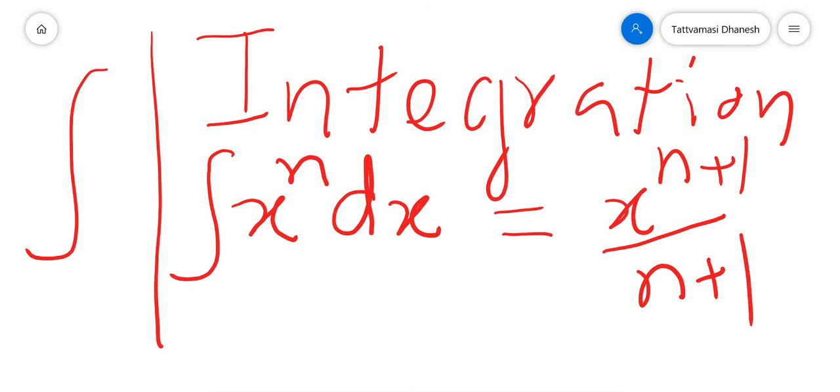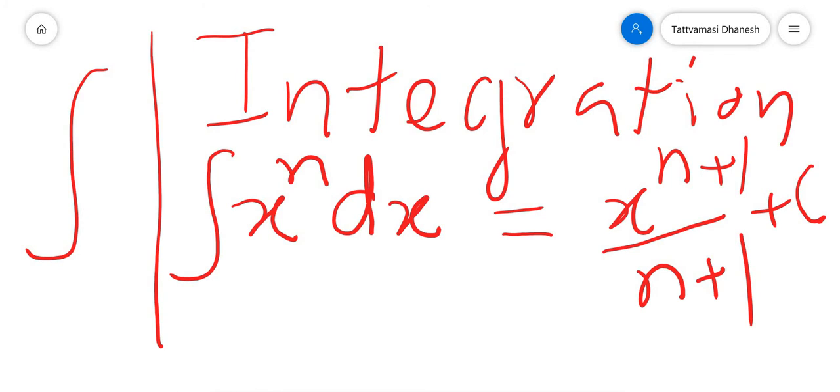This is the formula. Plus you will introduce a constant as well, otherwise you need to use definite integrals. These things we will discuss later. But for the time being, you need to understand that when you are writing integration, you should introduce a constant. So that also you understood.